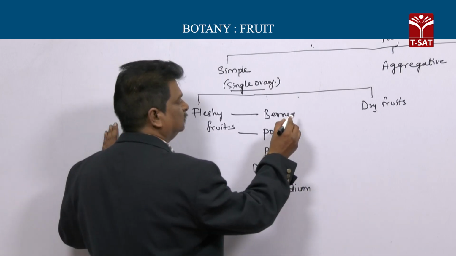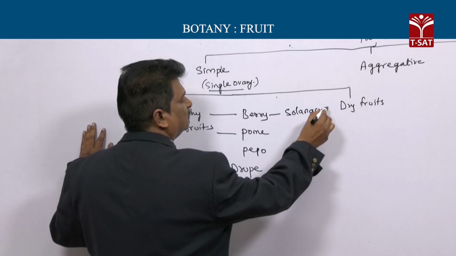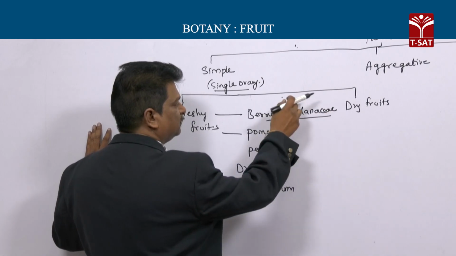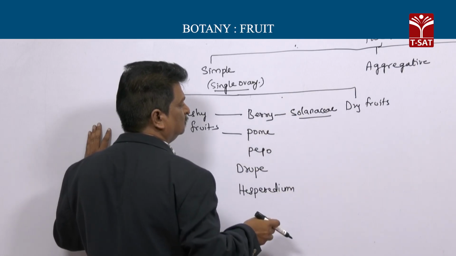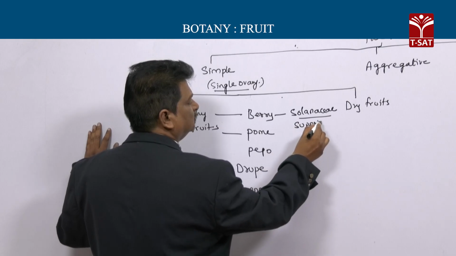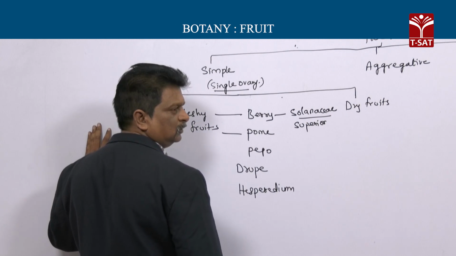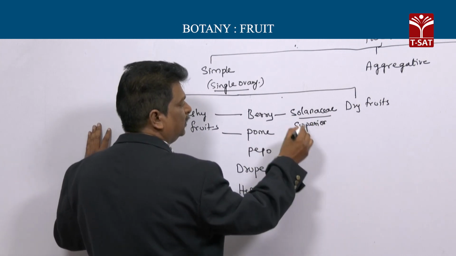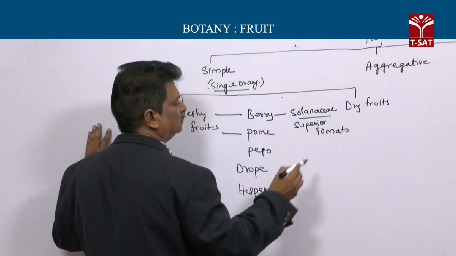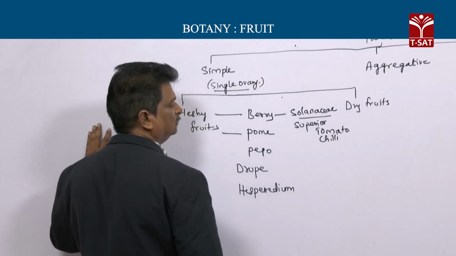So the first one, berry. Berry is the characteristic fruit of Solanaceae. Generally it is developed from a bicarpellary, syncarpous, superior ovary in Solanaceae, for example tomato and even chili.